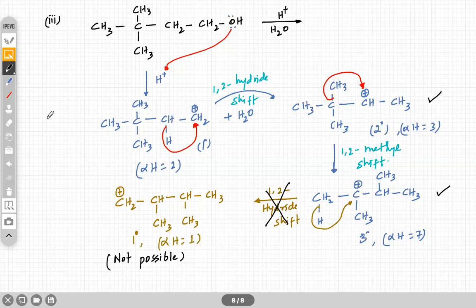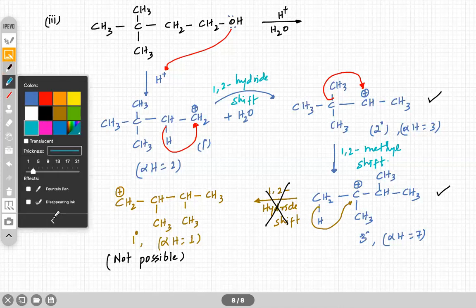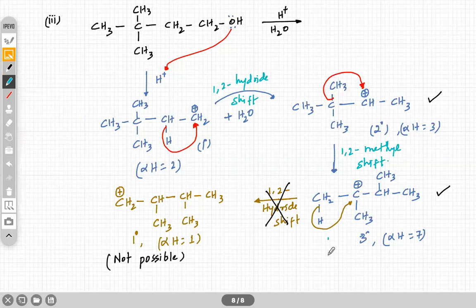And on this carbocation, in the last step, H2O behaves as a nucleophile, attacks on this, and finally we get OH over here.